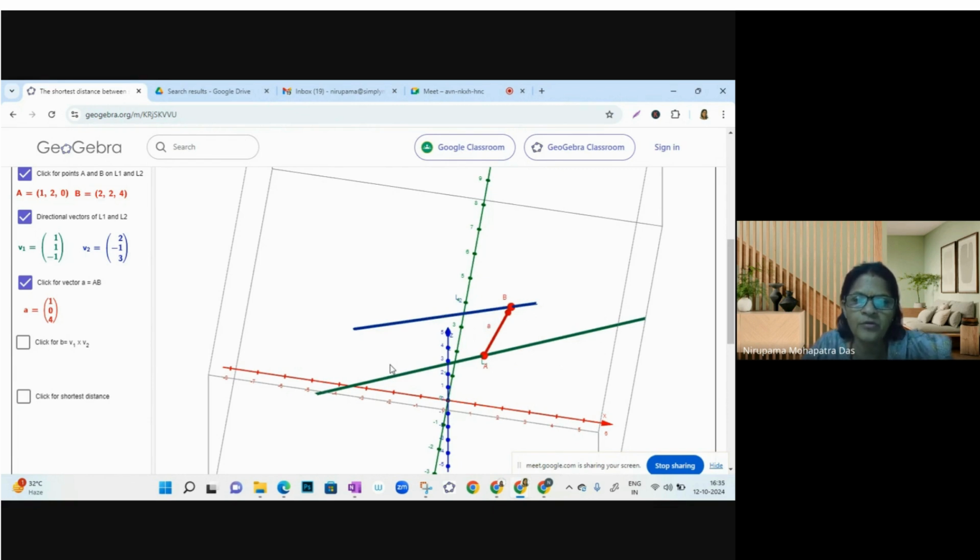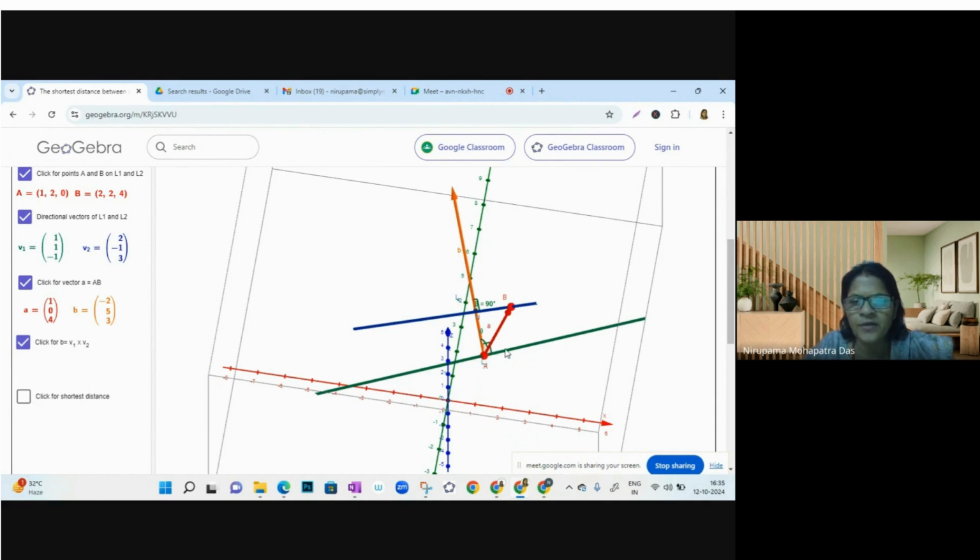The vector which is perpendicular to both A and B is A cross B. So the line perpendicular to both L1 and L2 is perpendicular to both the B1 vector and the B2 vector, and it is B1 cross B2.